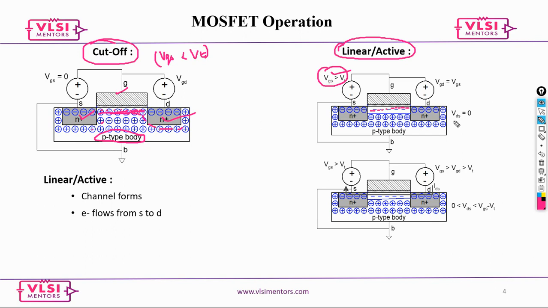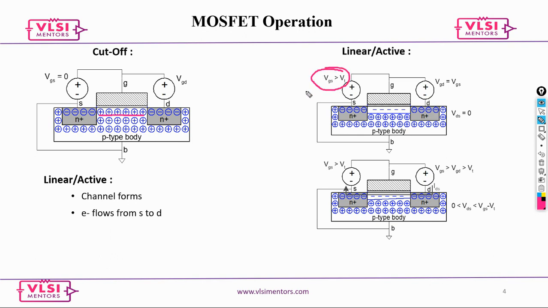See, in the first picture, all the holes were acting as a barrier. Now those holes are pushed down, and there is a passage created. So this turns your transistor on.